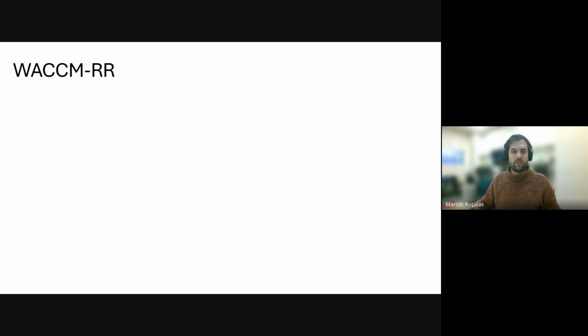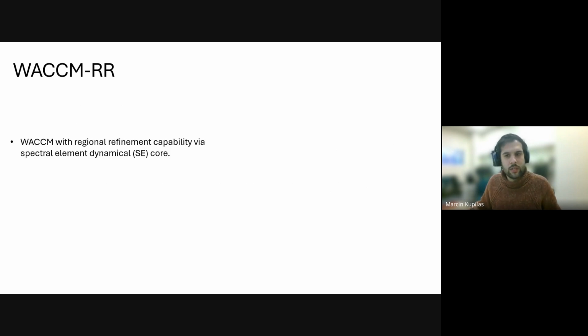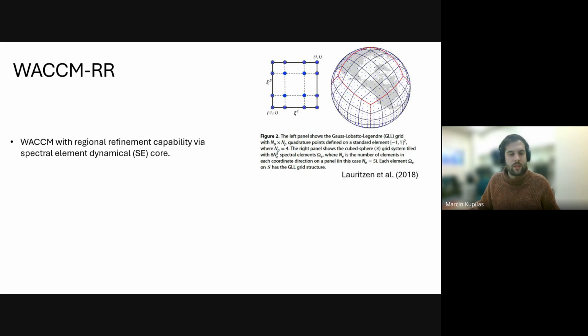So just to give a little bit of background on the model. It's essentially the recently developed WACCM with spectral element dynamical core that has regional refinement capability built into it. So this is Lauritz and Peter's paper showing the development of the grid, what the grid looks like. Essentially it has all the capabilities of spectral element WACCM, but with the refined mesh.